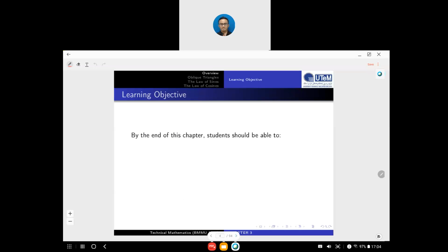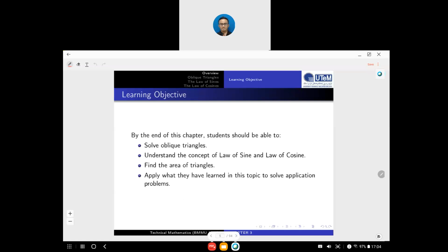At the end of this chapter, you should be able to solve oblique triangles, understand the concept of the law of sines and law of cosines, find the area of a triangle, and last but not least, apply what you have learned in this topic in order to solve application problems.